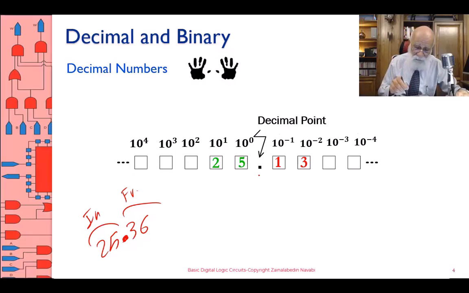If I want to evaluate this decimal number, on the left-hand side of the decimal point, the weight of the digits is 10 to the power of 0, then 10 to the power of 1, 2, 3, keeps going up. To the right of the decimal point, the weights are 10 to minus 1, 10 to minus 2, 10 to minus 3, and on and on.